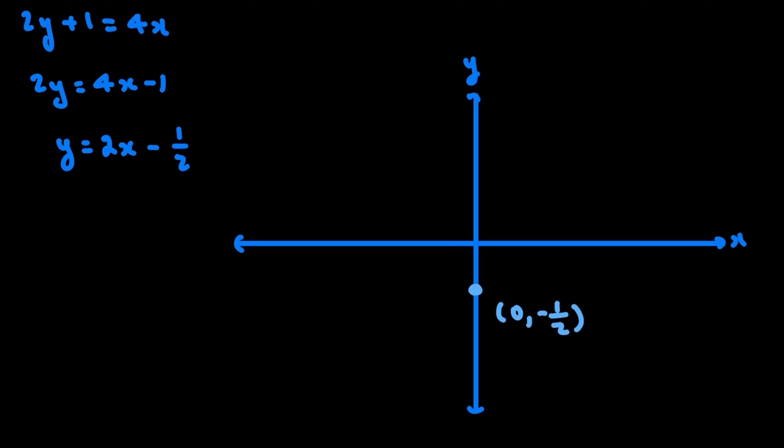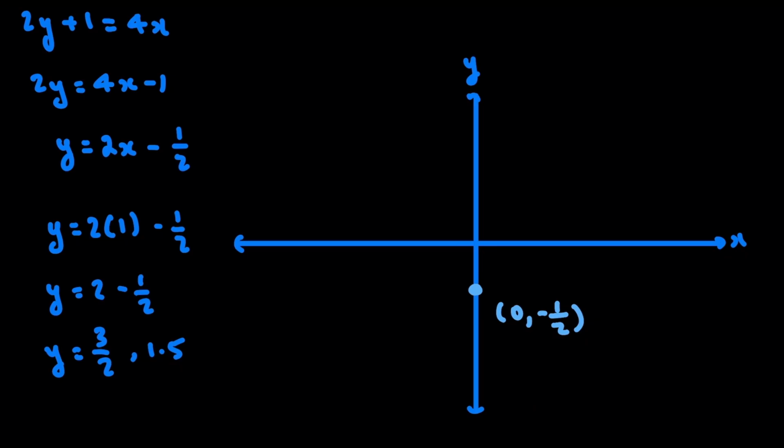Again, not to scale. Now I need to find one other point, another point that lies on this graph. And again, for simplicity's sake, I'm going to find the y value when x equals 1. So let's work out what that value is when we substitute x equals 1. 2 minus a half is simply 3 over 2, or also 1.5, whichever one you prefer.